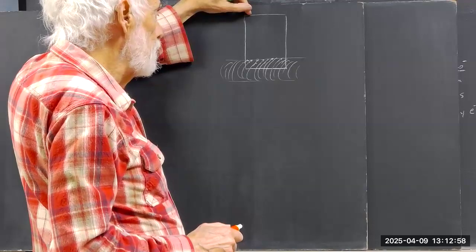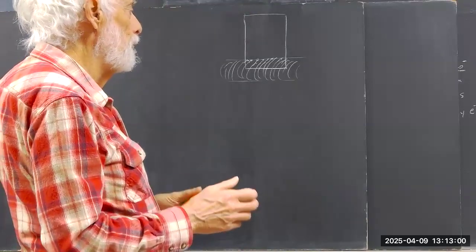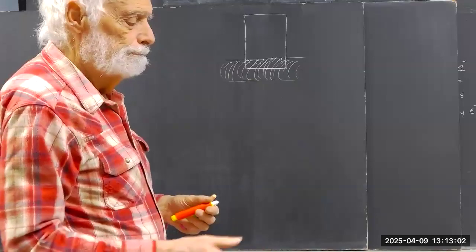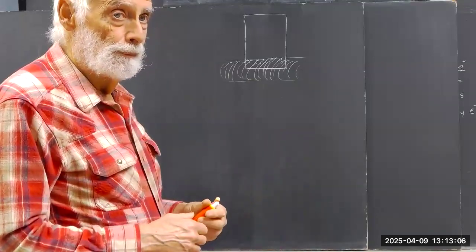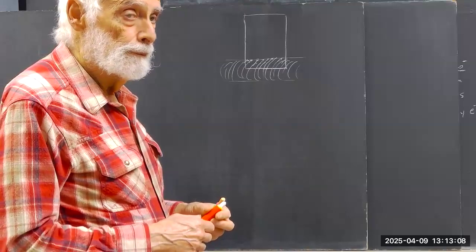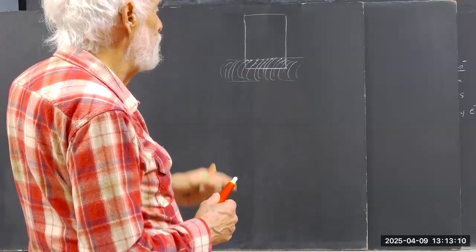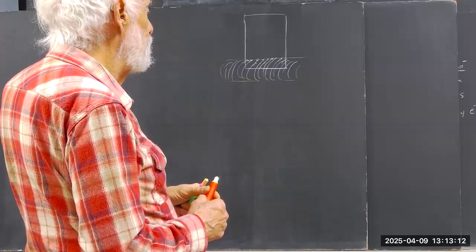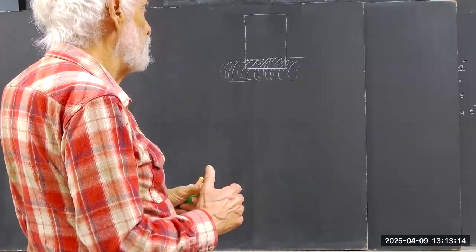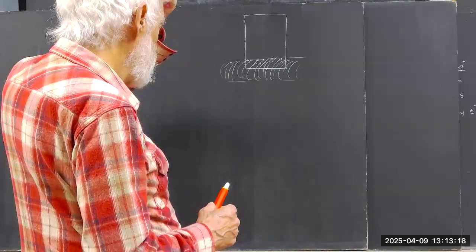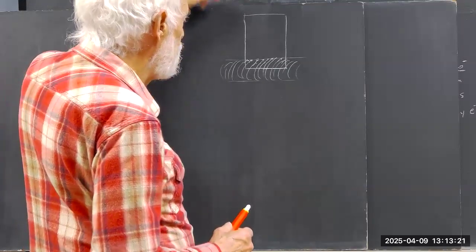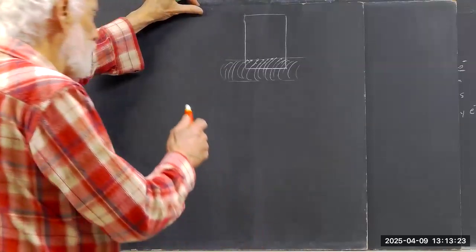Now, what's the magnetic field of this loop? Depends on which way the turns are running. If they're running counterclockwise, well, I'm not going to get into that.